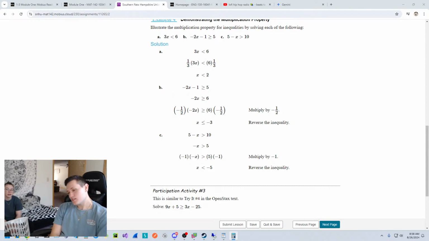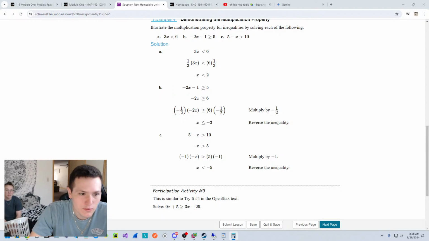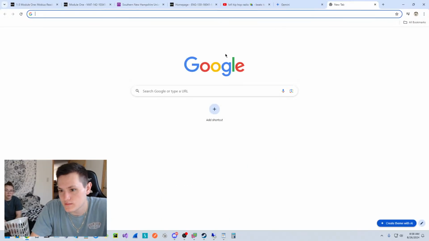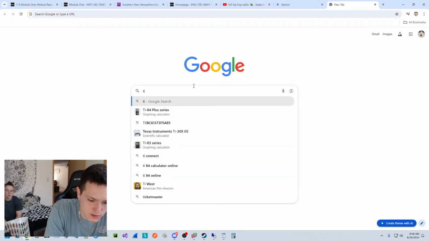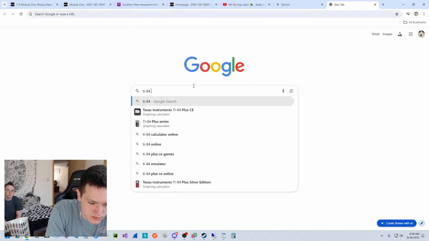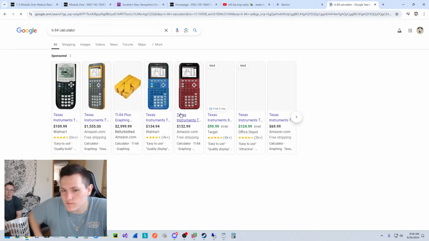You need a TI-89 calculator to do the parentheses. I'm pretty sure you can get the numerator and the denominator on the fraction. Oh, is it a TI-84?